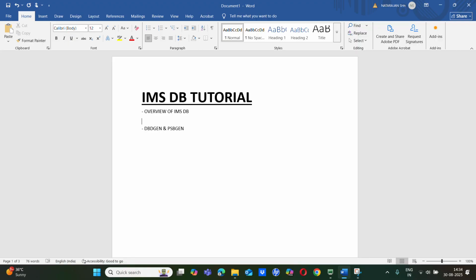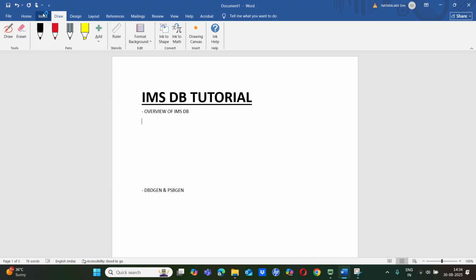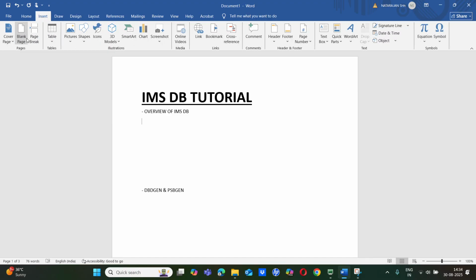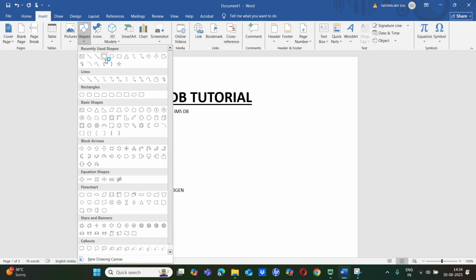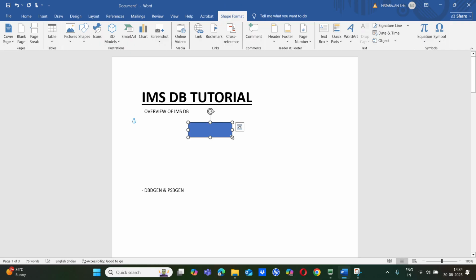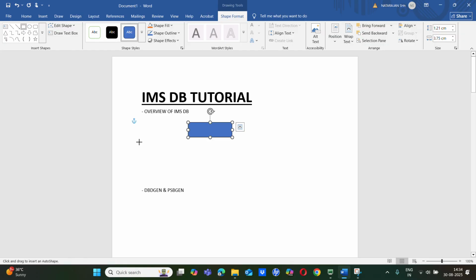IMS is a hierarchical structure, where you have a root segment and its corresponding child segments, and everything is interrelated, in the sense that everything is connected.